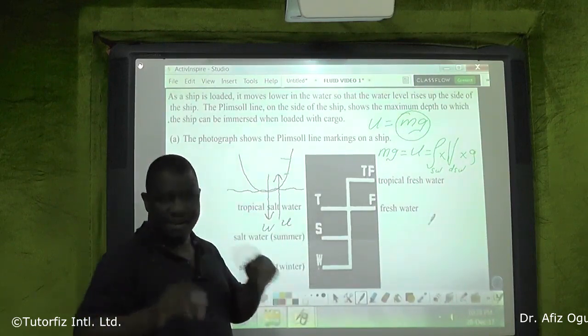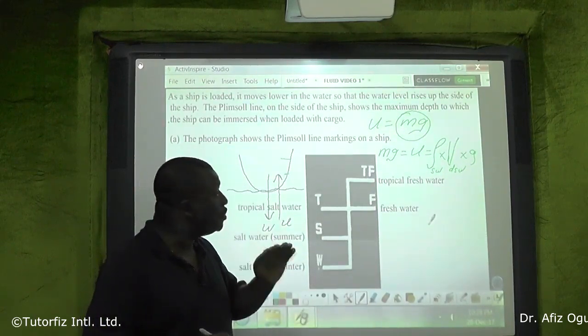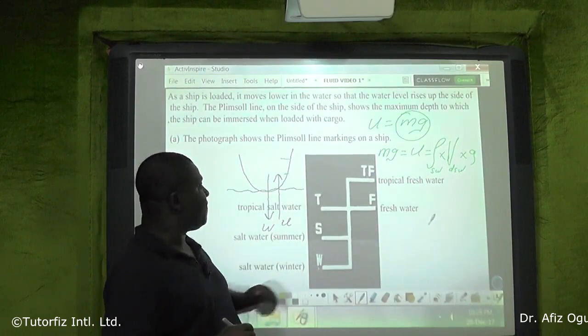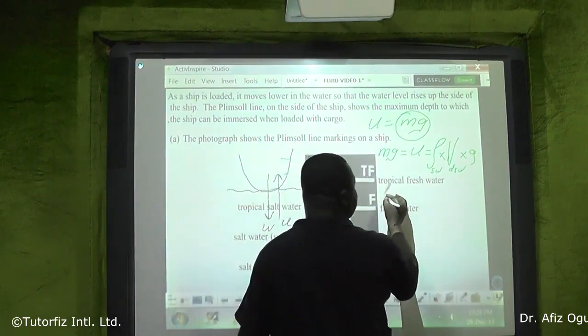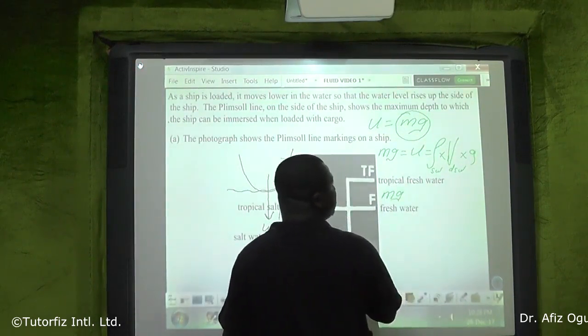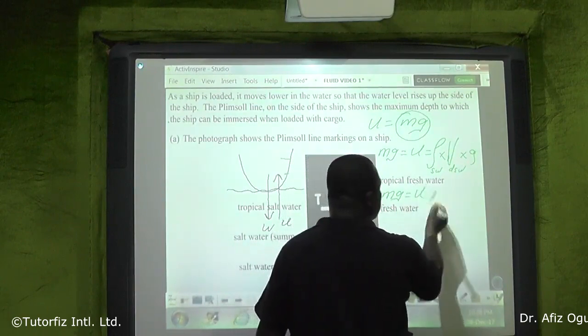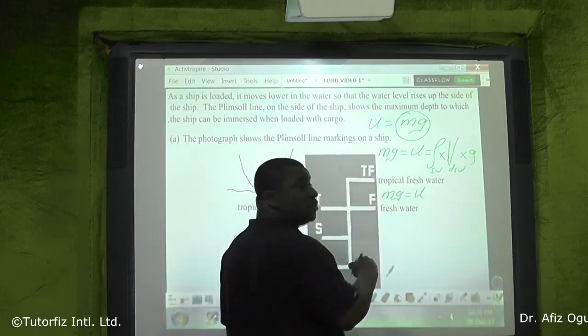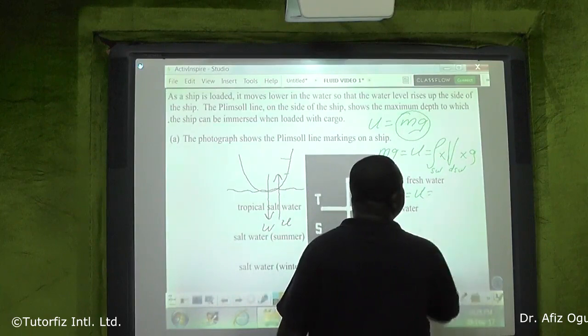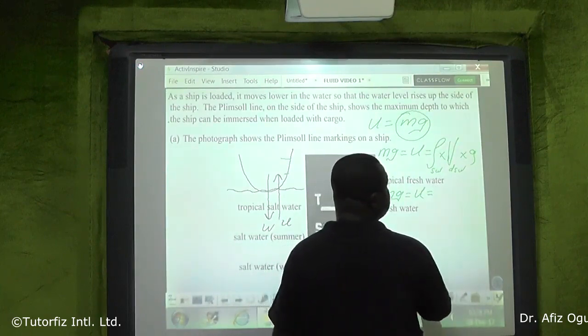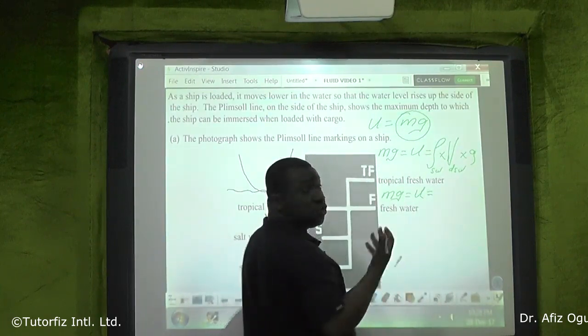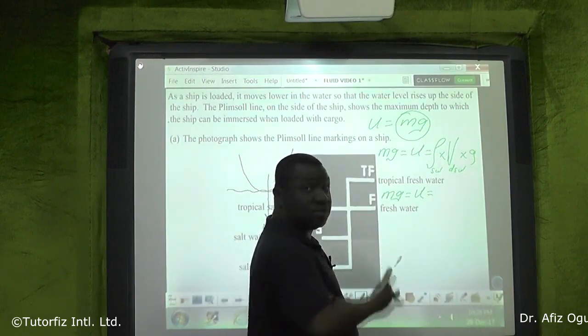If it suddenly goes into fresh water, again, the weight remains the same. It should be equal to the upthrust. That means the upthrust should be constant, the same as the weight, because the weight does not change, so the upthrust should not change no matter which water it enters.